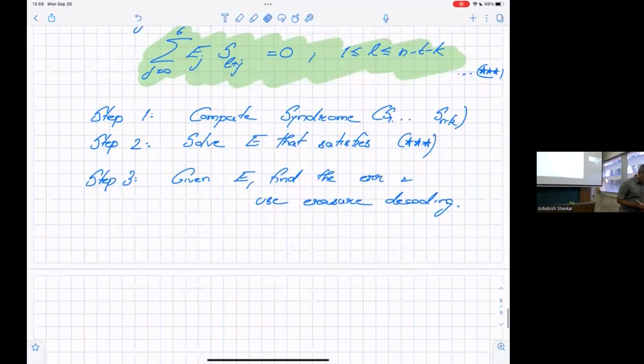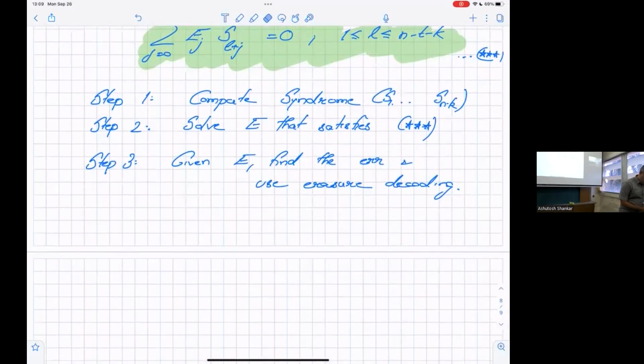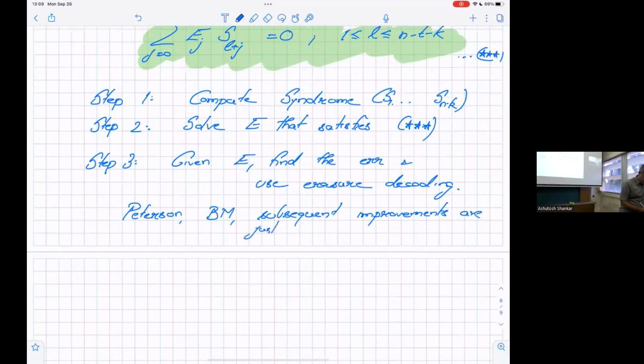So, Peterson, BM, and subsequent improvements. Notice why was it BCH?